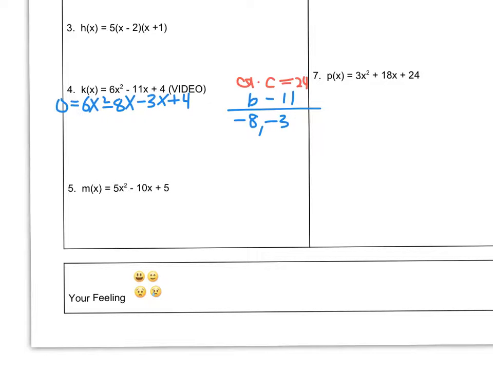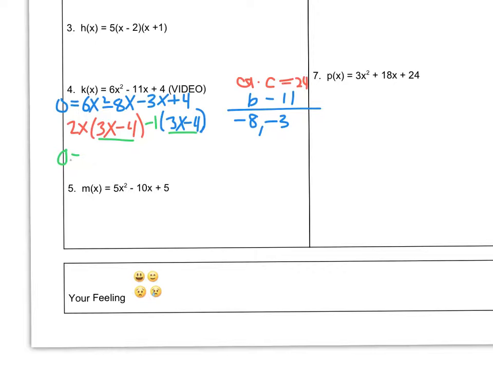From the first two, I can take out a 2x, and I'm left with 3x minus 4. From the second two, nothing can be divided there, so let's take out a minus 1 to get rid of that negative, and we're going to have a 3x minus 4. Okay, in both of these I can take a 3x minus 4 out.